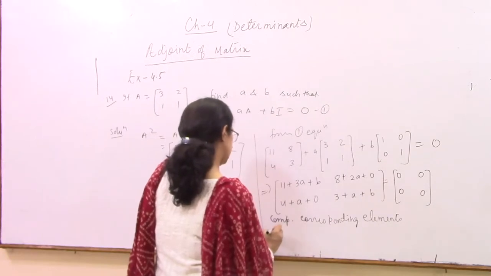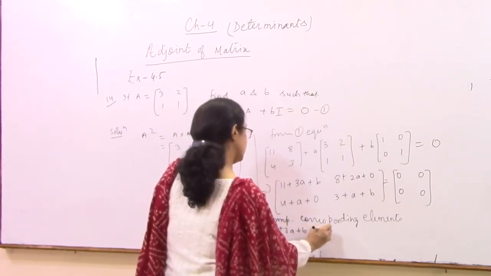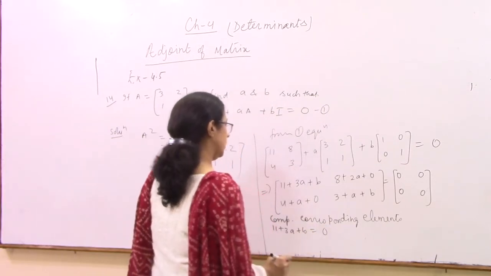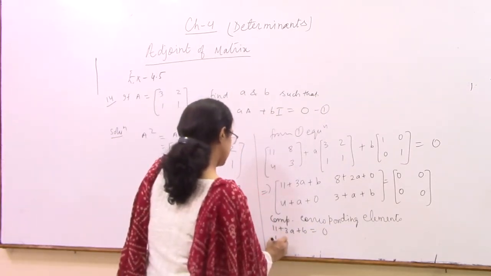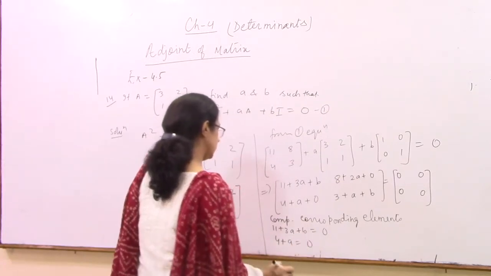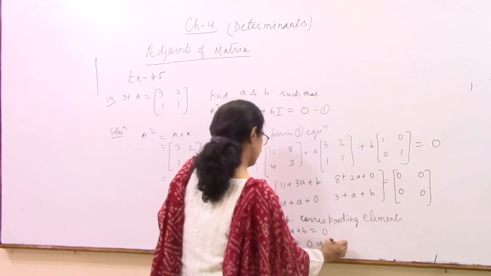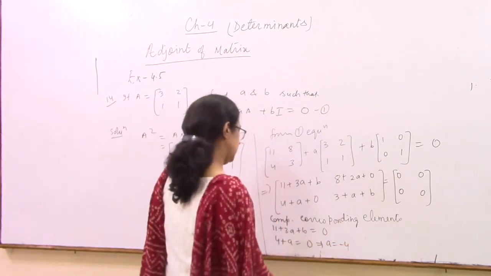So 11 plus 3a plus b equal to 0 and 4 plus a equal to 0. 4 plus a equal to 0 gives a equal to minus 4.